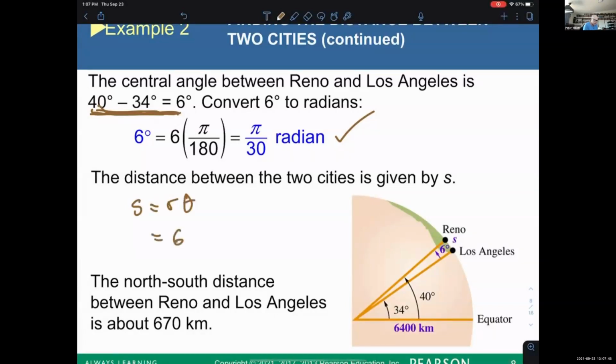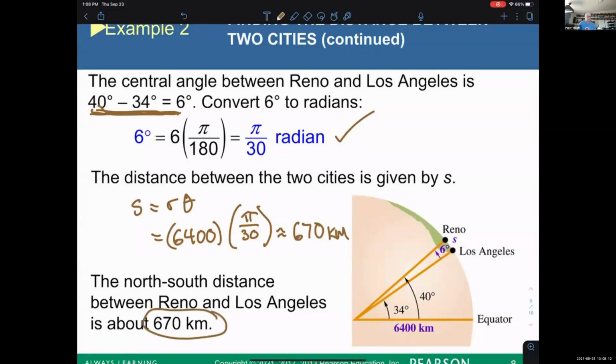So we'd multiply 6,400 kilometers times the radians that they just calculated above, which turned out to be pi over 30. And that leads them to approximately 670 kilometers, rounding off to the nearest kilometer, it looks like. And then they provide that answer there.